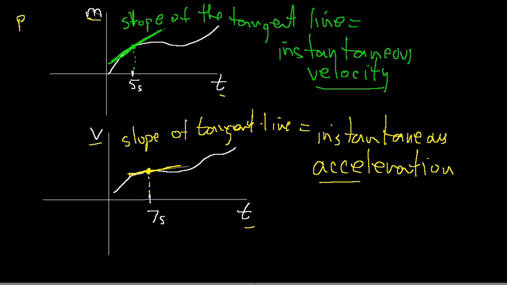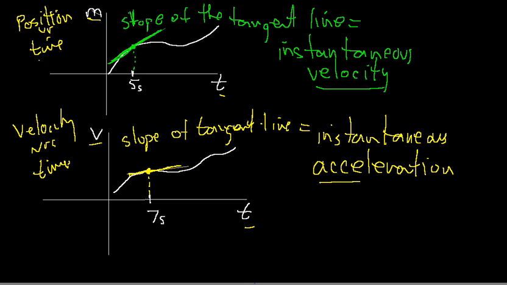So this is position versus time. This is velocity versus time. This position versus time is going to give you velocity. This velocity versus time is going to give you acceleration. Sorry about this. All right, we're going to talk more about this on the next video.